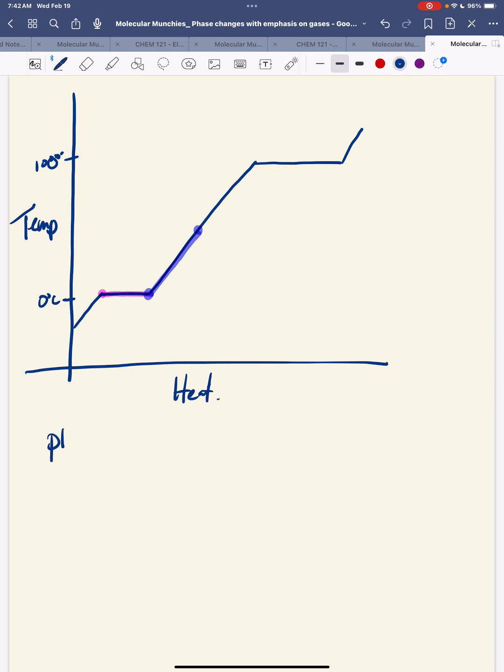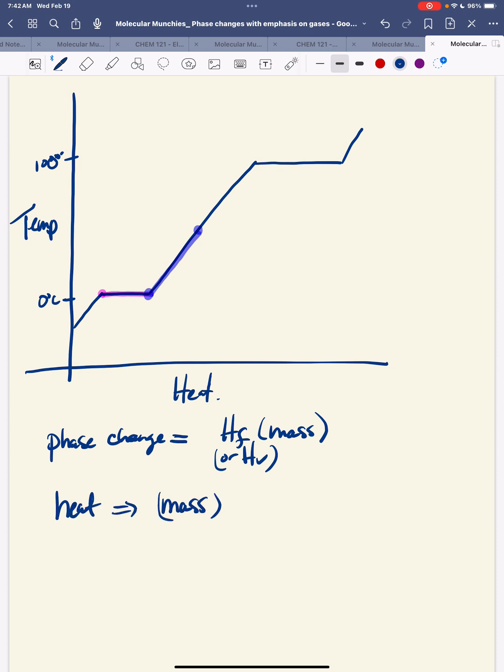So remember, our phase change calculation is going to be either the heat of fusion or the heat of vaporization, times the mass. And then when we're heating the substance, that's going to be the mass of the substance times the specific heat times the change in temperature, okay?